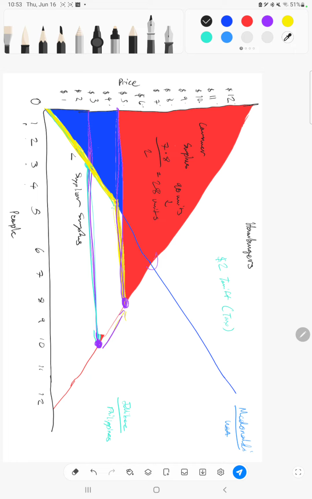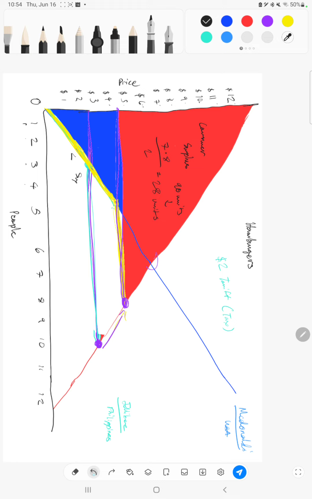Their base is 1, 2, 3, 4. It's 4 times the area right here, which is 1, 2, 3, 4, 5, divided by 2. 4 times 5 is 20. It's going to be 10. And that's much bigger than their 9 units earlier that became 10 now. And so lucky them, they are happy about it.